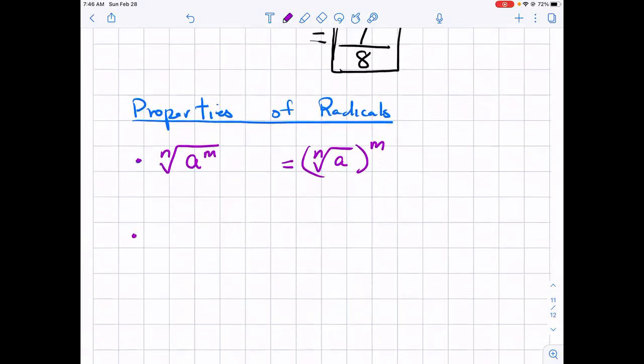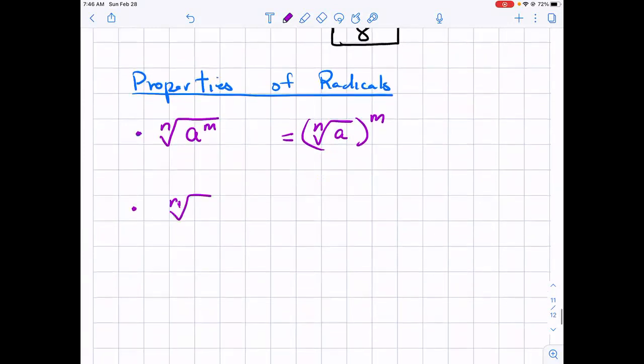Another property we can look at: if we have the nth root of a times the nth root of b, once the indices are the same, this is the nth root of ab.